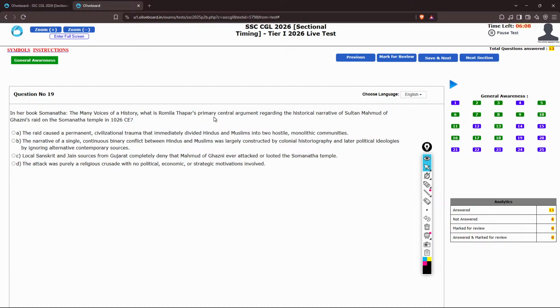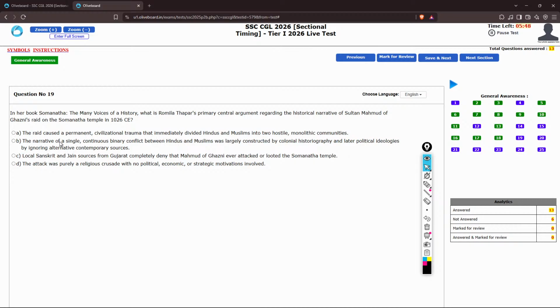It itself is like 3-4 pages or more than that actually. So let's see what it says. The raid caused a permanent civilizational trauma that immediately divided Hindus and Muslims into two hostile camps. Okay, I will just keep it in mind.